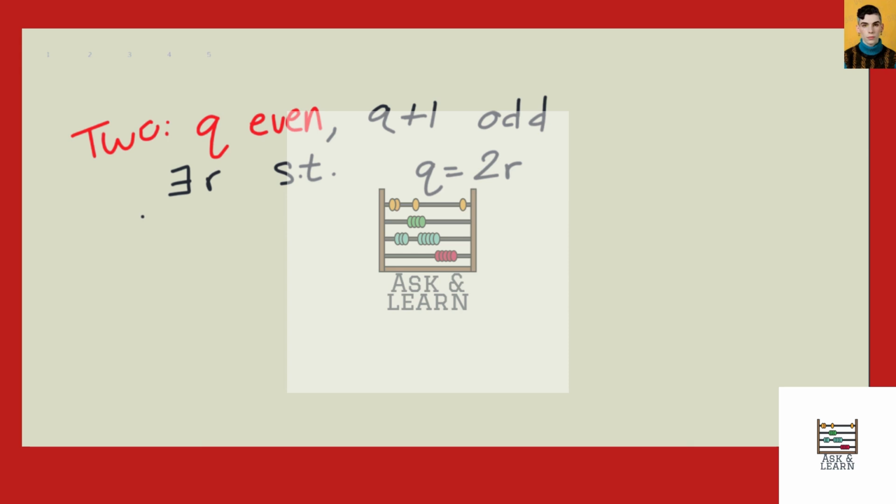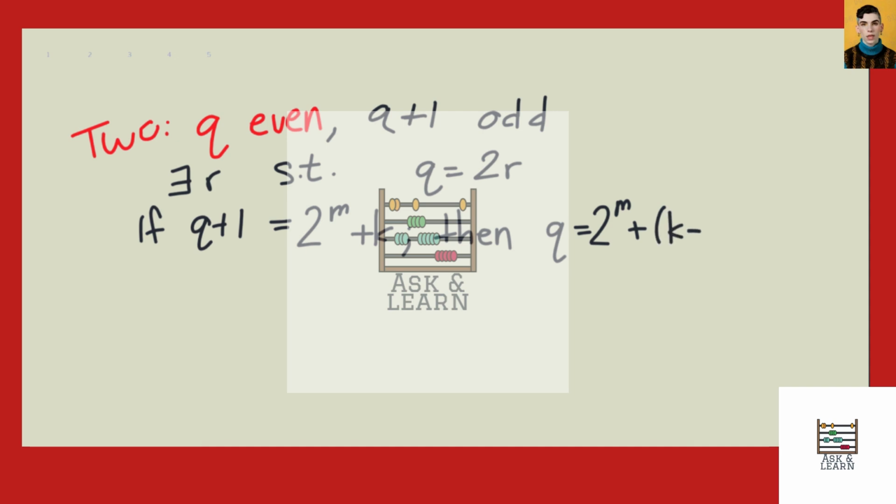And then we'll follow similarly to the previous pages. So if q plus 1 is equal to 2 to the power of m plus k, then q is going to be equal to 2 to the power of m plus k minus 1.